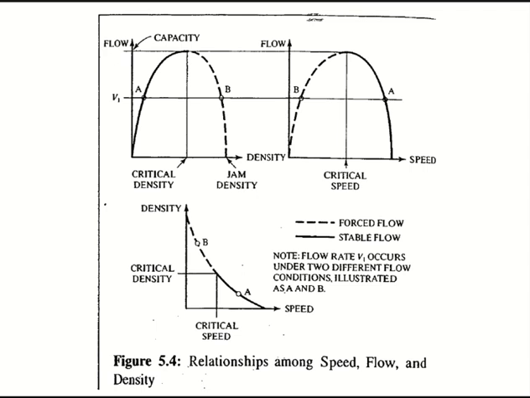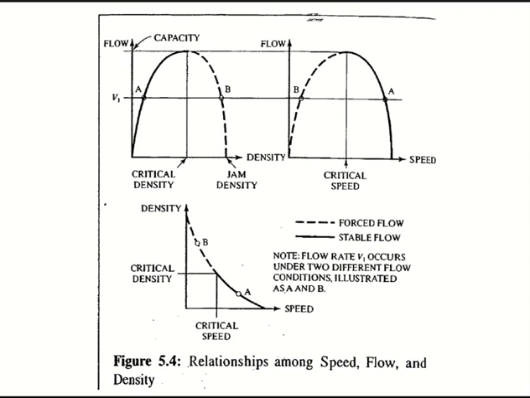When the flow increases, more vehicles come on the road, they are moving, but they are also slowing down. So you see flow increases, the speed decreases, until we reach, again, what point is this? Capacity. And we said after capacity, what happens?